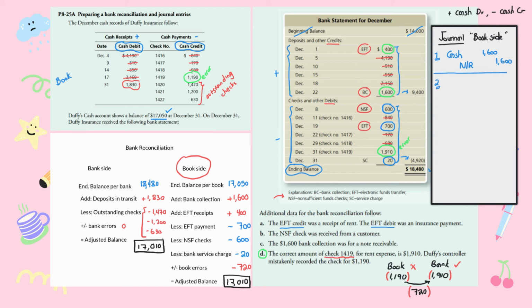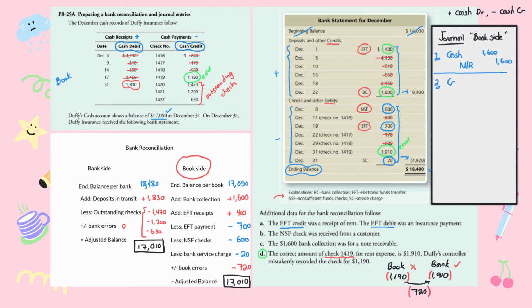Now the second adjustment on the book side is EFT receipt 400. Here the EFT credit, he said in note A, was a receipt of rent. So it's a plus, so it means cash increased.